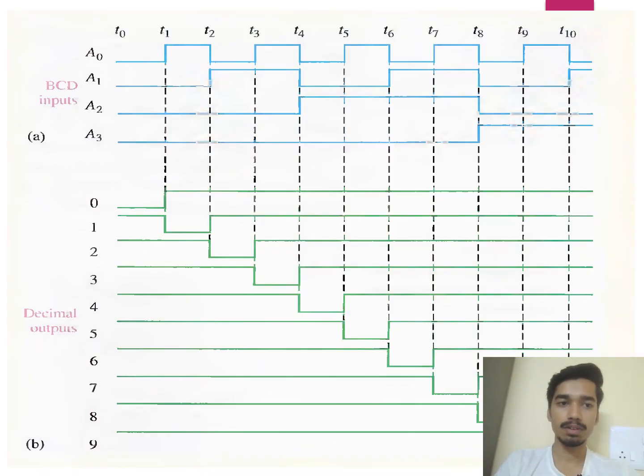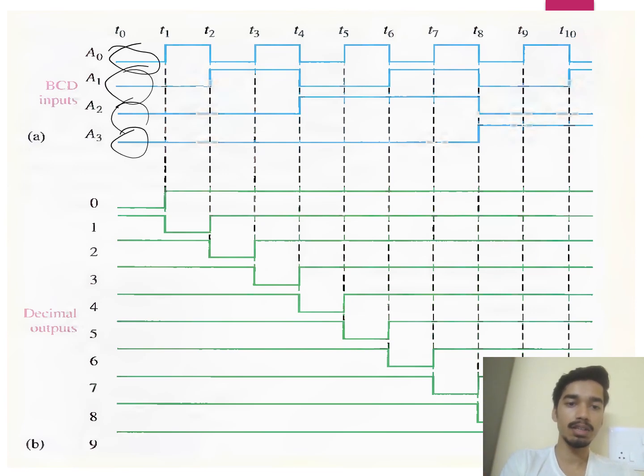This is the graph for the BCD decoder, the input output graph. If the input is 0 in all ports, then only the 0 output will be low, and the rest are all high. If the input is 1, that is the decimal digit is 1, then 0 will be high and only 1 will be low, with the rest all high, representing that the input is 1.